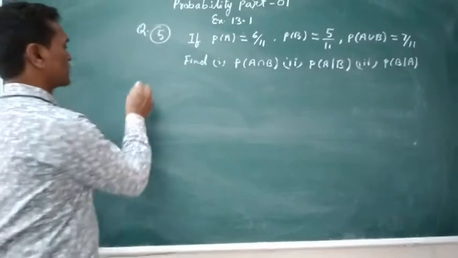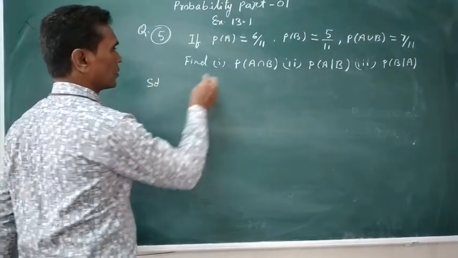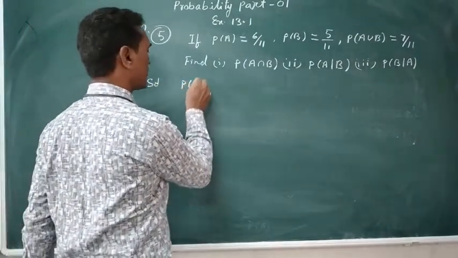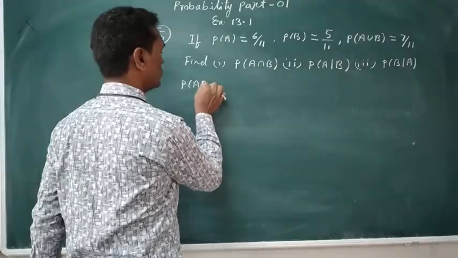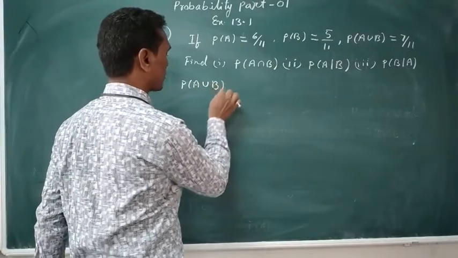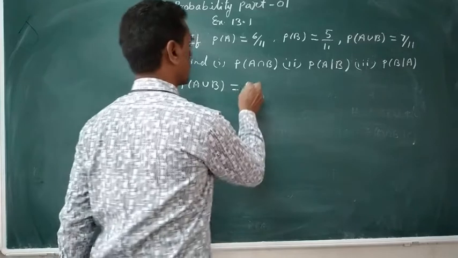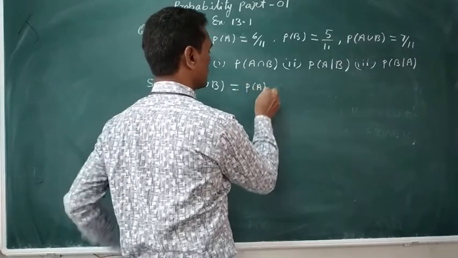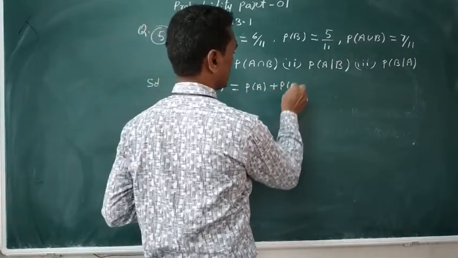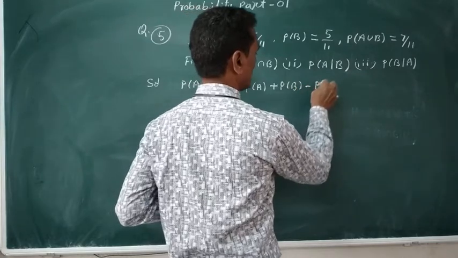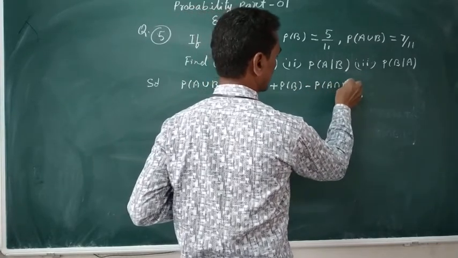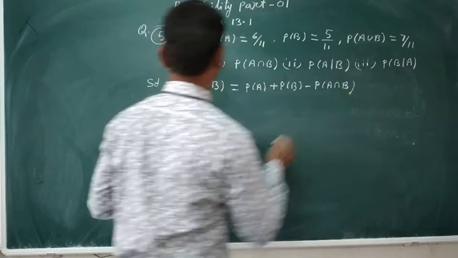So for the first part, probability of A union B. We have the formula for union: P(A) plus P(B) minus P(A intersection B).